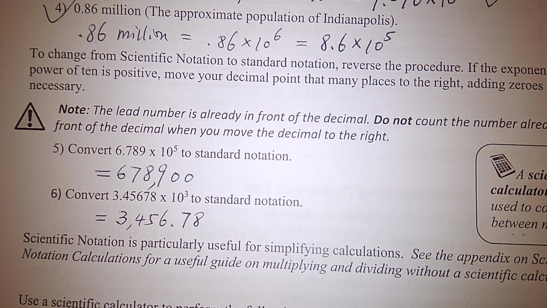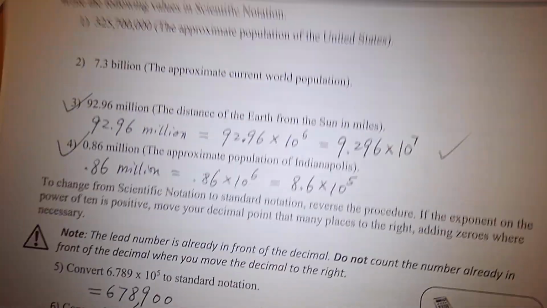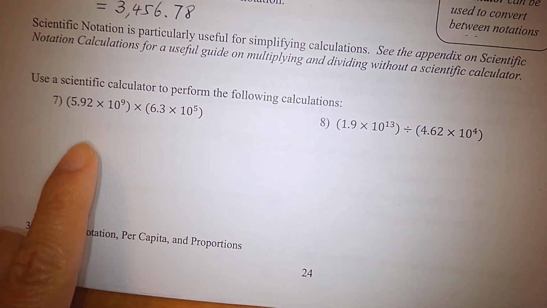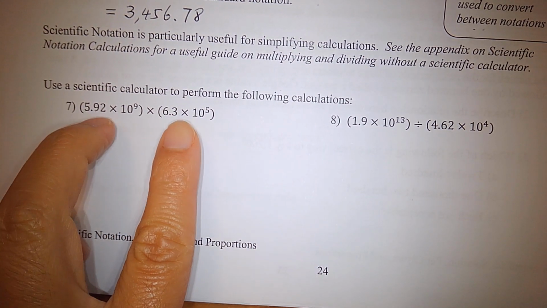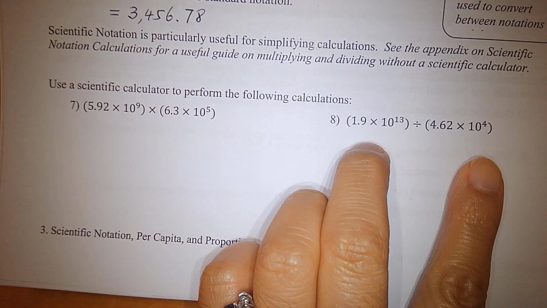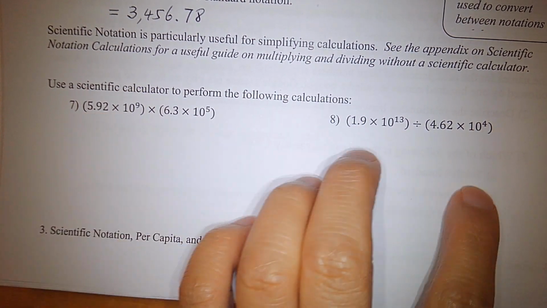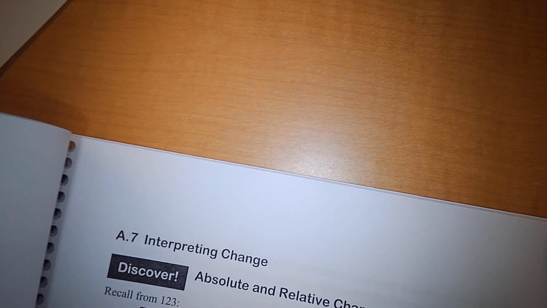Now, let's look at how to do calculations with scientific notation, okay? So, this is actually question 7 and 8. How to multiply numbers in scientific notation, how to divide numbers in scientific notation. Before we do this, let's go to an appendix, I believe.